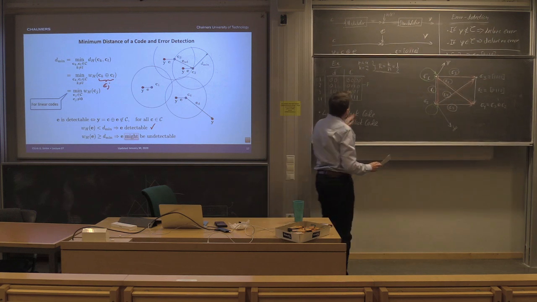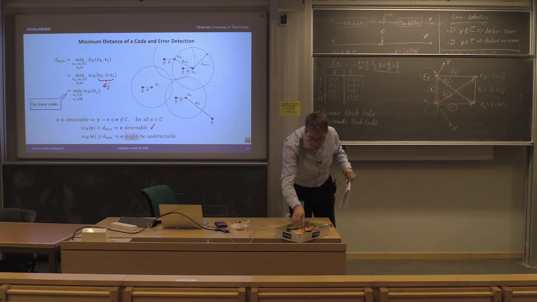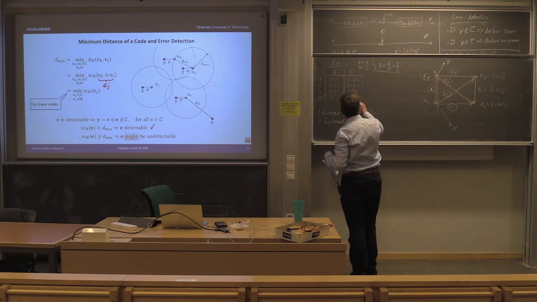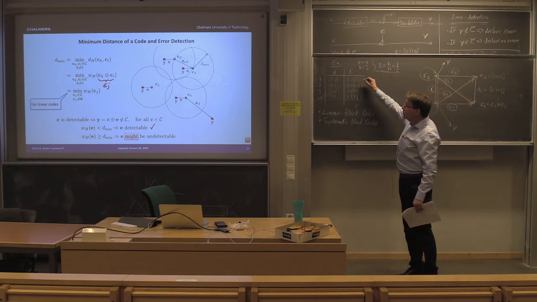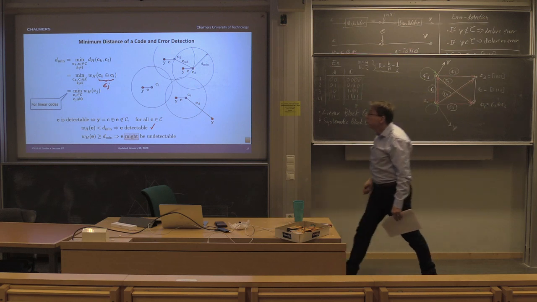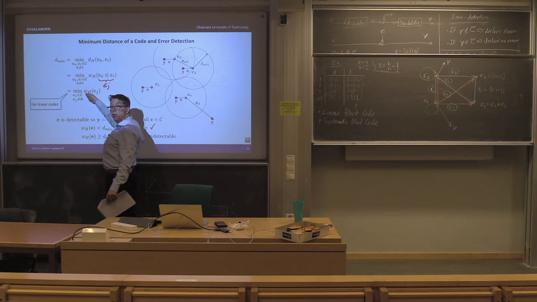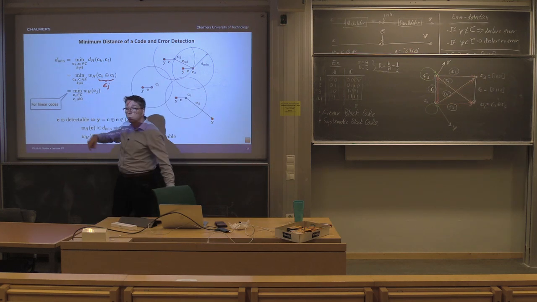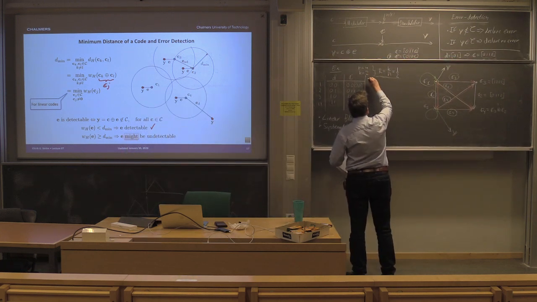So then, if we continue with our example code, what can we say about the minimum distance here? Well, we can start to compute distances between all these code words and try to find it, but since we know that we have a linear block code, we only need to look at the Hamming weight of each of the code words.